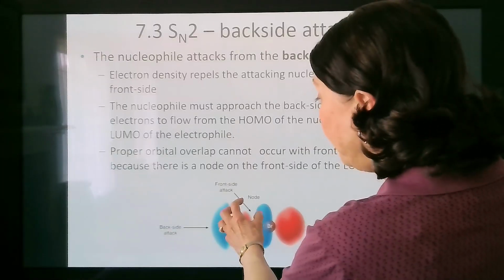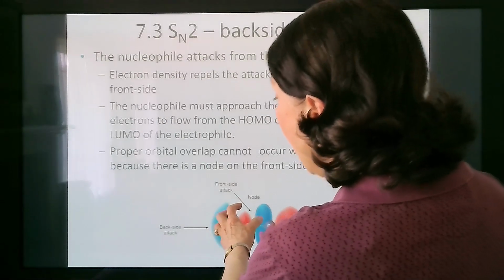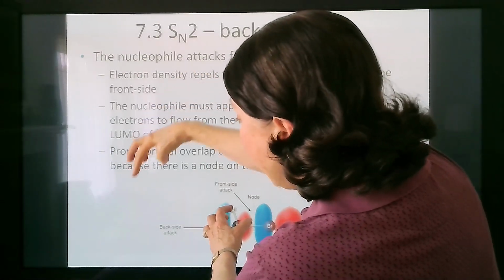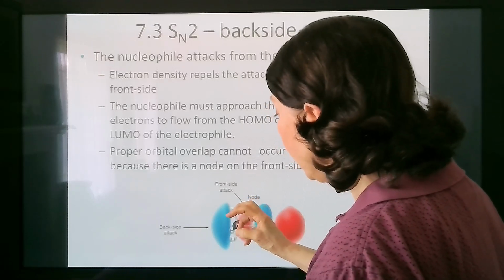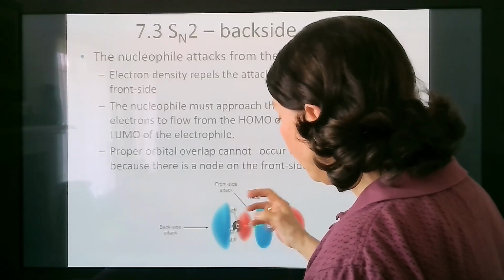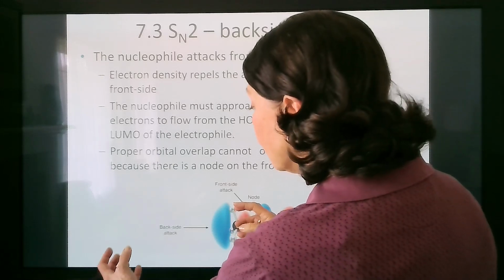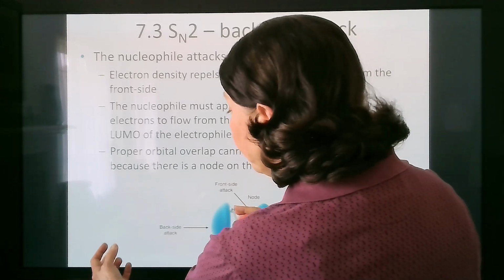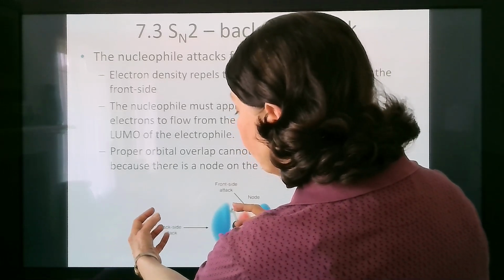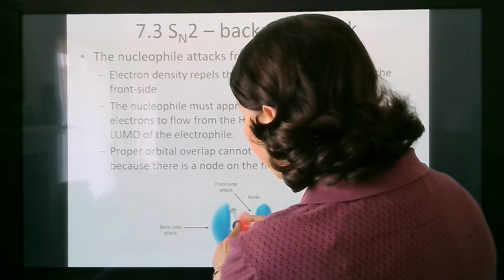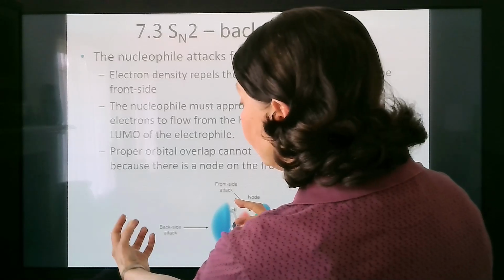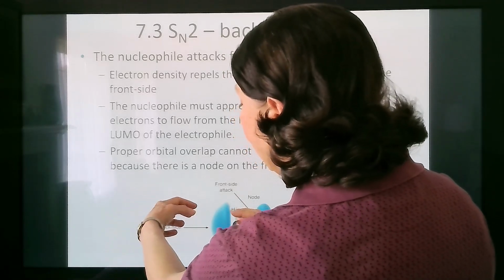Or what could happen is the hydrosulfide could come in, and as it starts to come in, maybe it's not coming in quite at the right direction, but then it'll start to get attracted by the partial positive charge here. And so it will actually sort of change its direction.